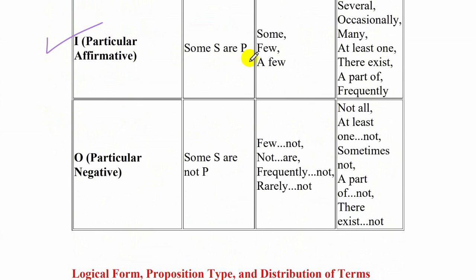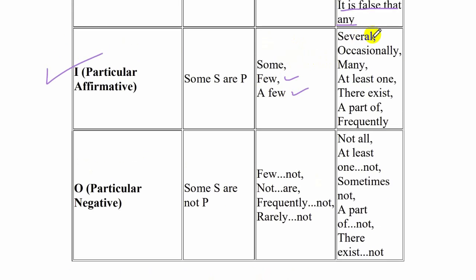Now let's move on to the I particular affirmative: Some S are P. Some means few, a few. A few would also mean some. Several means many but not all. Occasionally means sometimes, so again it goes into some.